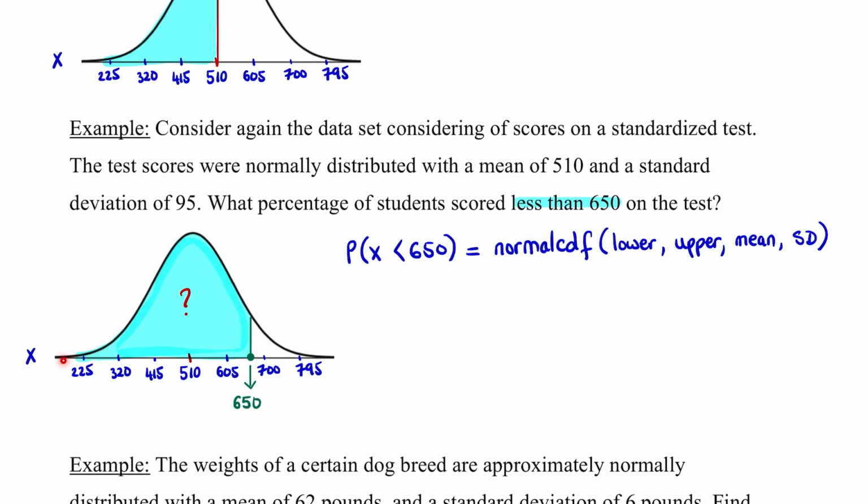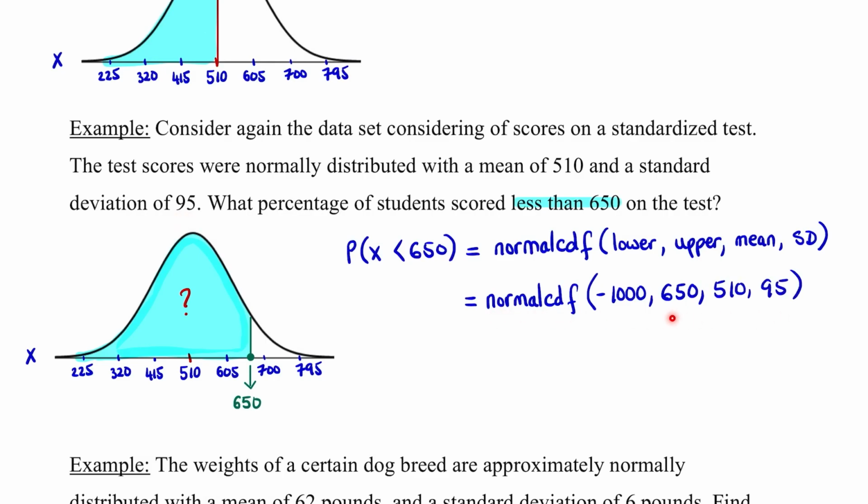It will continue to the left forever. So we are going to pick a very small number compared to the data values. In this case, I can pick 0, -100, -1000. Just make sure that it's very small compared to your data values. Mean is 510 and standard deviation is 95.